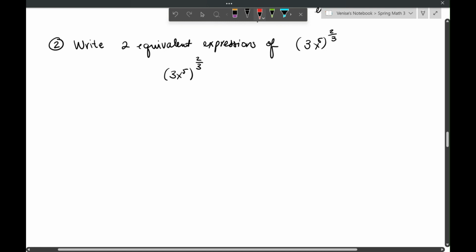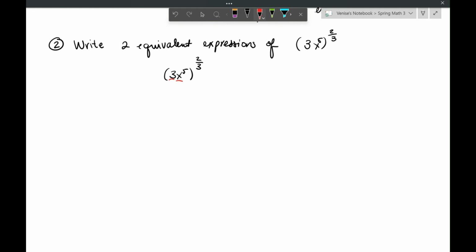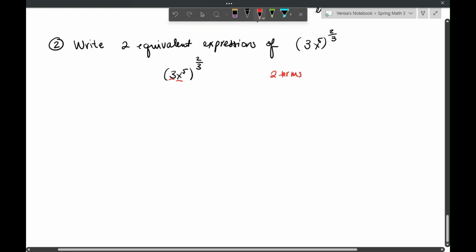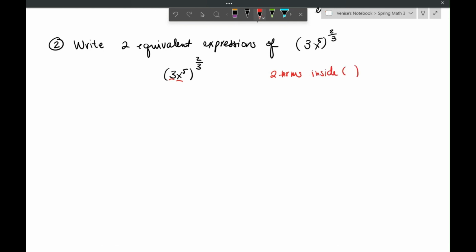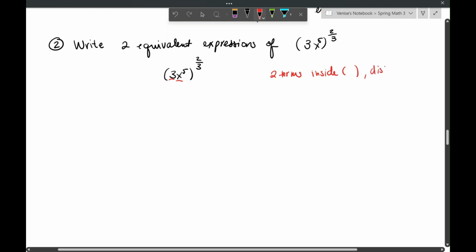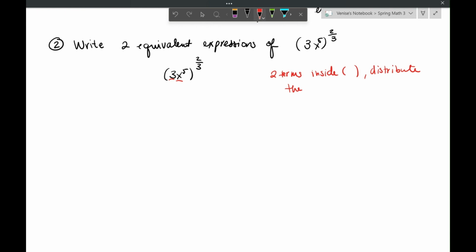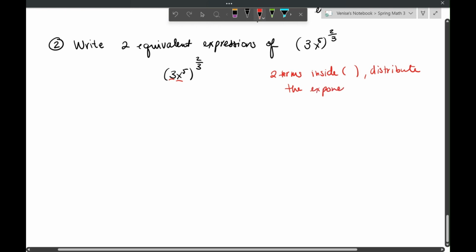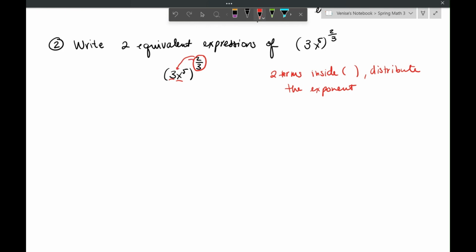Then since we have two terms inside parentheses, you distribute the exponent. Okay, exponent is 2/3. Distribute it here.